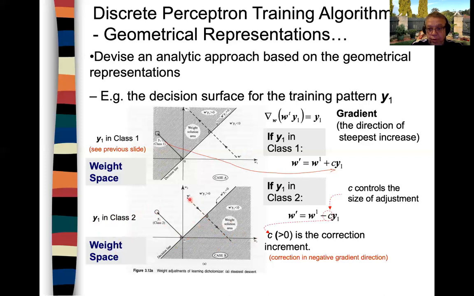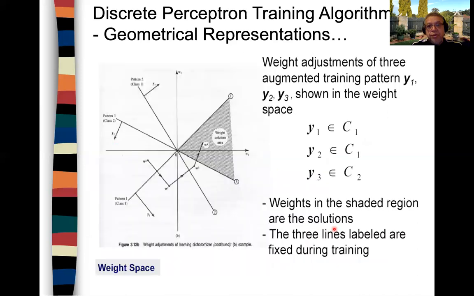So in this case, my new weight has to be equal to the old weight minus C, say C equal to 2, for example, 2 times Y1. So this is Y1. I need to move 2Y1 to this area here so that I fall into the weight solution area. So it's a correction in the negative gradient direction. Now this is assuming that C is constant.